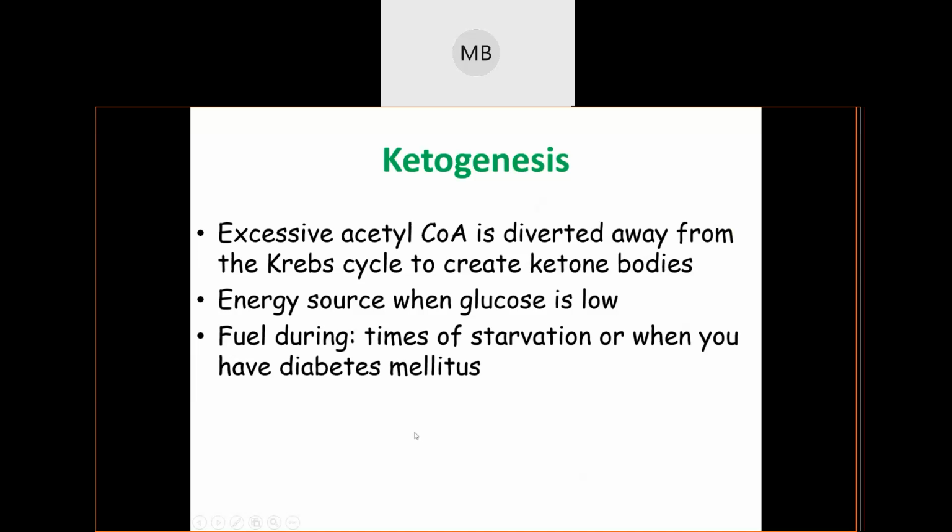So if you have type 2 diabetes mellitus, and your body is no longer capable of detecting your blood glucose levels well because insulin is out of whack, your body will start creating ketones as its fuel source so that it can keep going, which means you're going to end up with a high sugar content in your blood because your body doesn't think you have sugar because insulin's not working, but you do. And your body is going to make the ketone bodies for you to use as the energy source during times when it thinks you lack the glucose if you have diabetes.